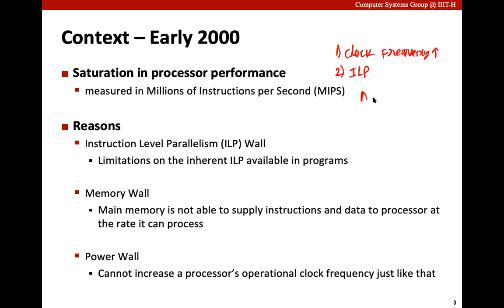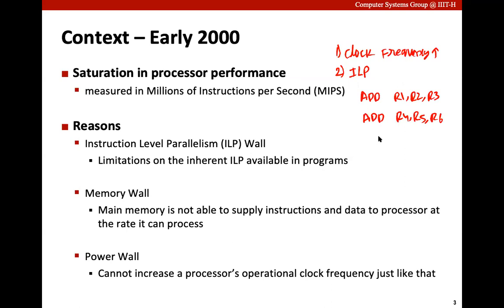That is, if there are two instructions, like an add instruction, add R1, R2, R3, and some other add instruction, add R4, R5, R6, then these two instructions can be executed in parallel because they are not dependent on each other.